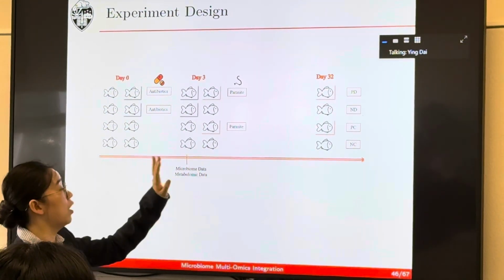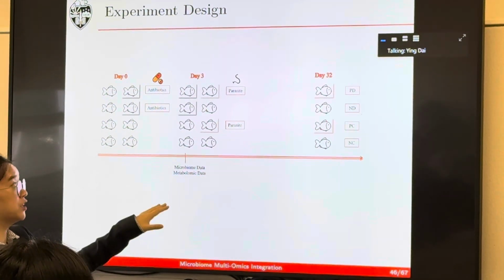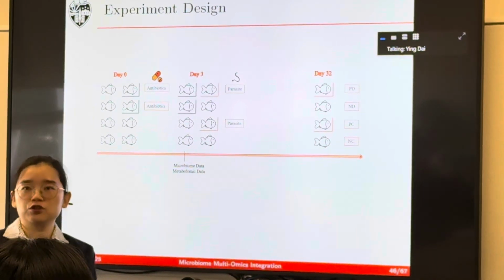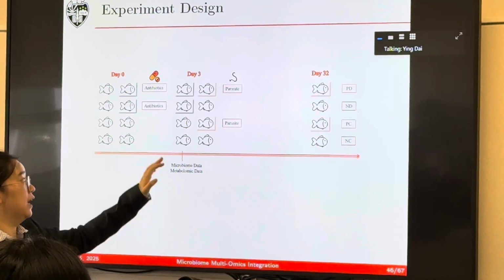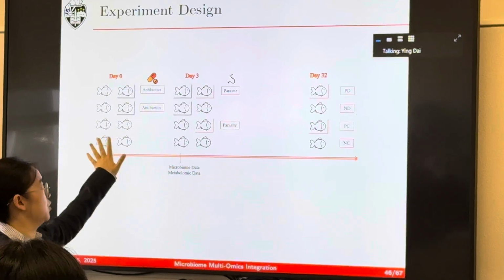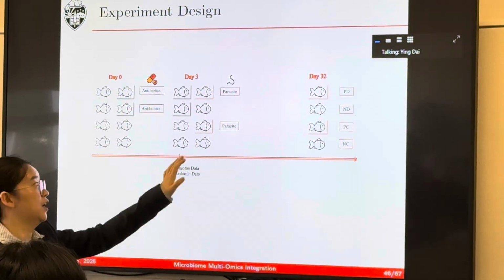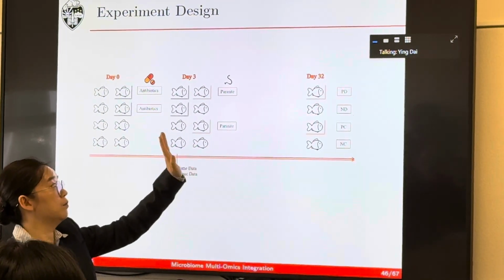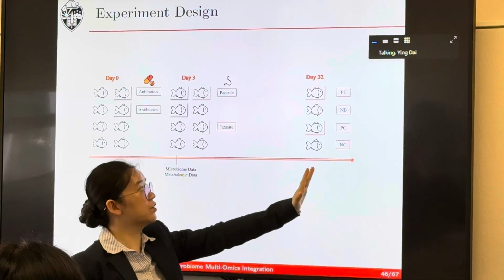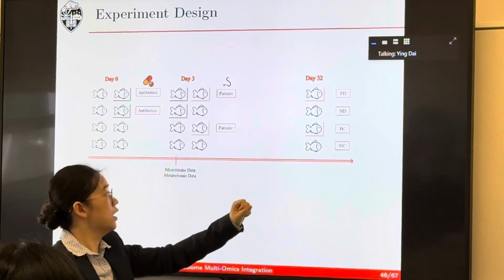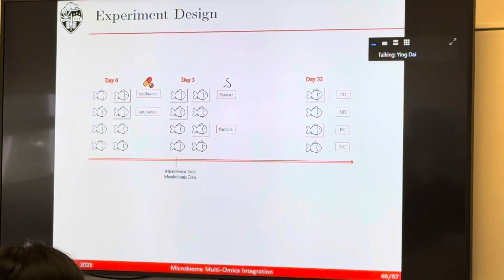Half of the fish that have antibiotics are exposed to the parasites, and also half of the fish that do not have antibiotics are exposed to parasites. So on day 32, we have 4 groups of fish, and the microbiome data and metabolite data is also measured there.